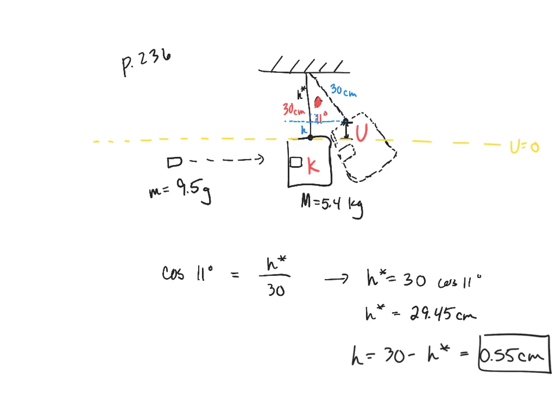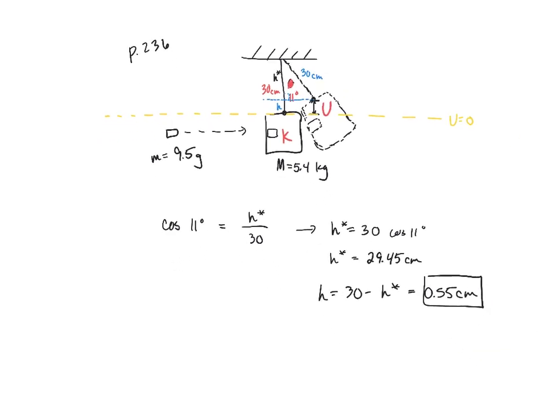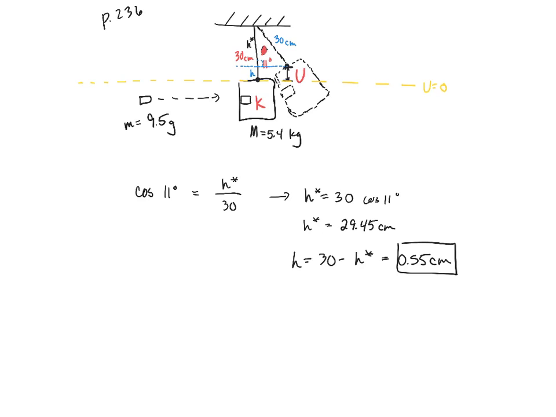We could say that the potential energy at the end of this problem is equal to the mass of the system, which is the block and the bullet, times g times h. The mass of the block is 5.4. The mass of the bullet, be careful, is in grams.